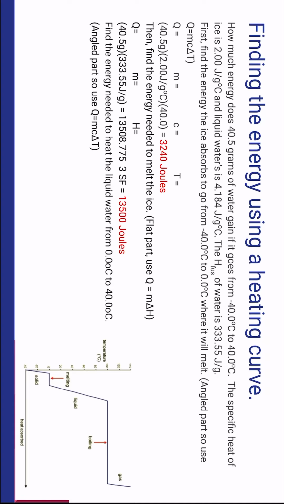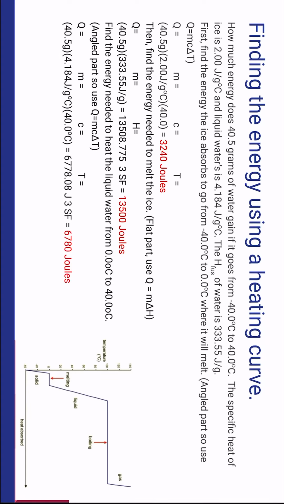We're going to find the energy needed to heat the liquid water from 0 degrees to 40 degrees now. We write down the four variables and read the question again. Identify them. Notice the mass still has not changed.